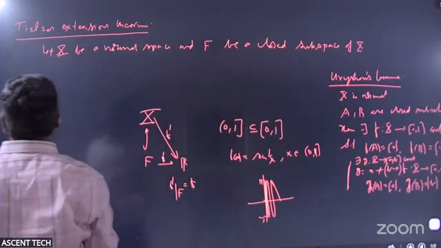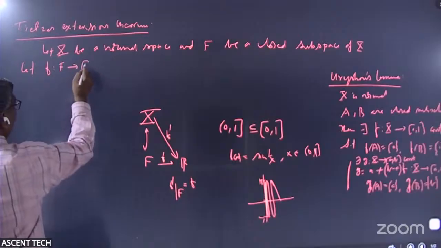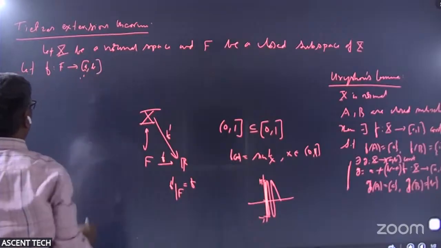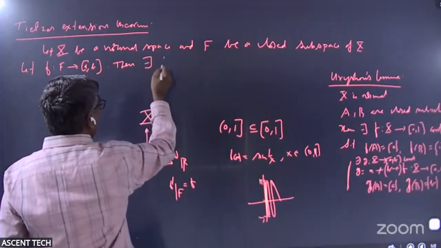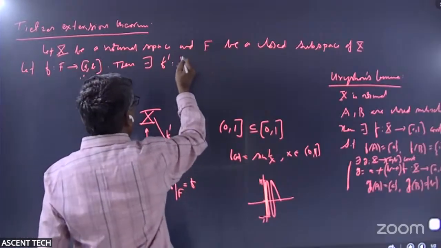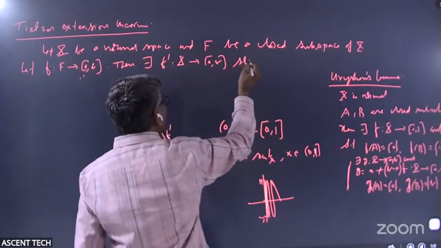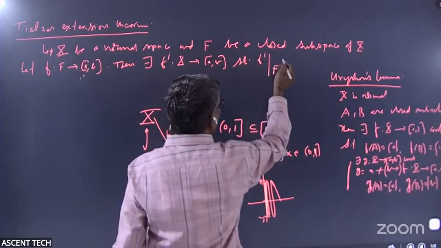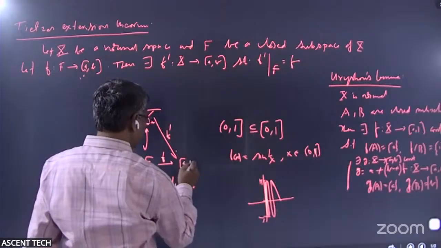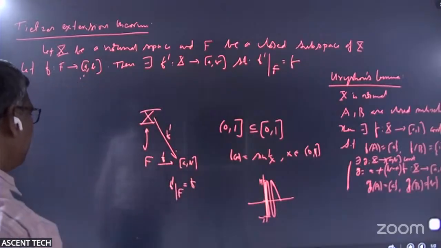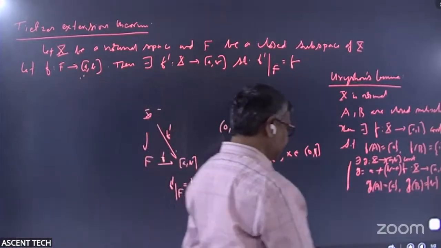Let f be a continuous function from F to the closed interval [a, b]. Then there exists a continuous function f dash from the whole X to [a, b] such that its restriction to F is the small f. That's what I wanted to say, not in general to R, but to [a, b]. Let's prove this.